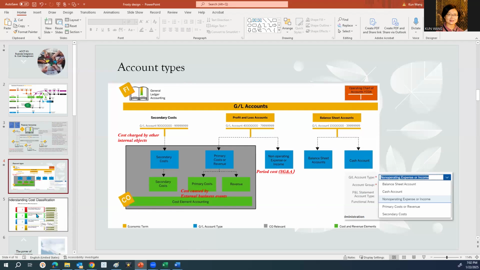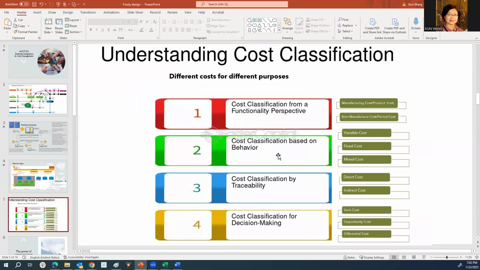And then finally, I'm getting to the cost classification we introduced in chapter 2. For cost management, first, we need to understand that without a correct understanding of the cost and the cost behavior, it's impossible to do the right cost management.